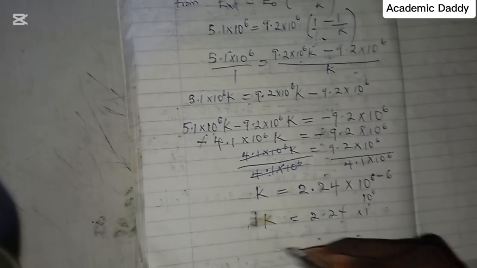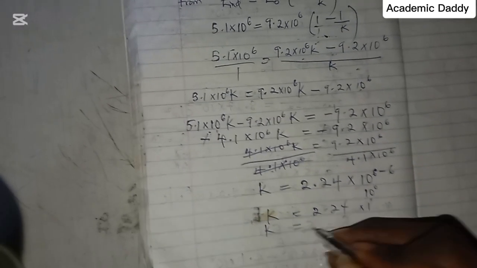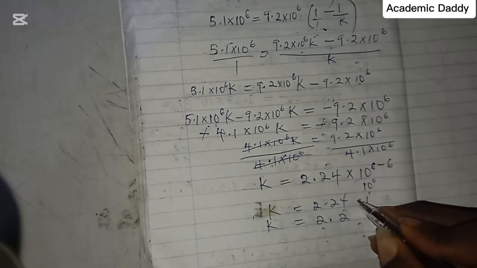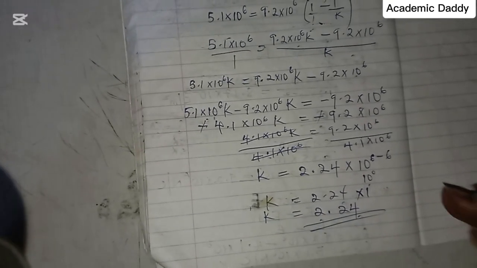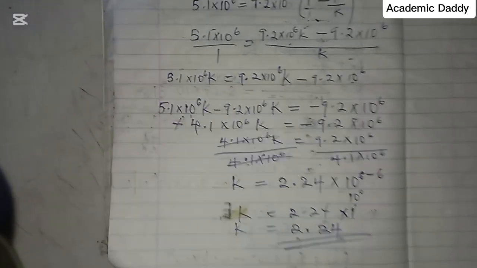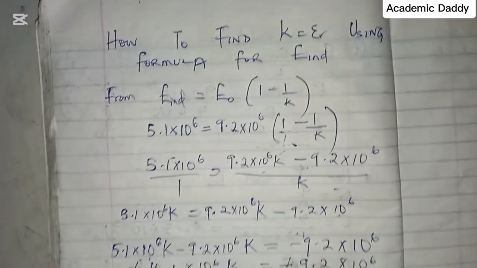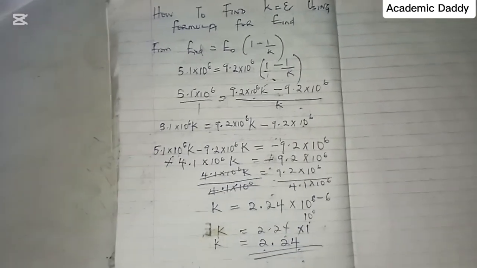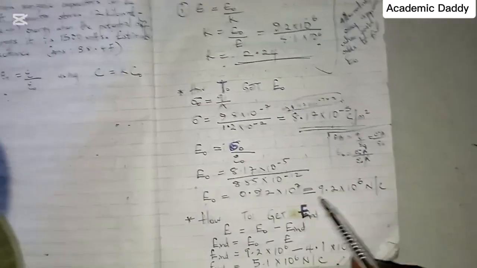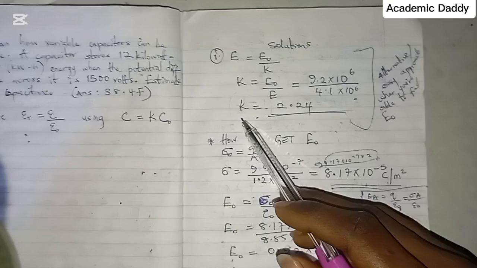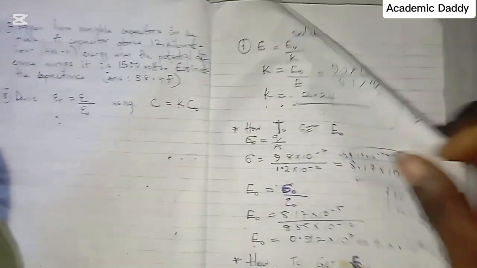So k is equals to 2.24. Simple. So this is if you want to stress yourself. But if you don't want to stress yourself, once you get this particular E naught, you will use this formula to get this k, because it's the same thing.